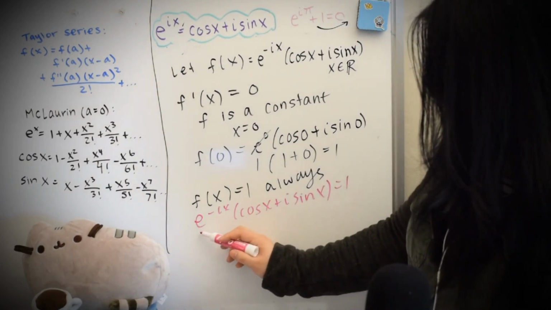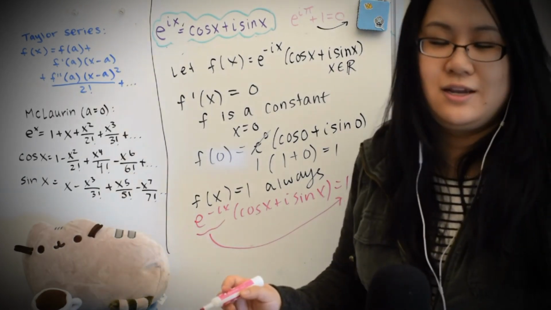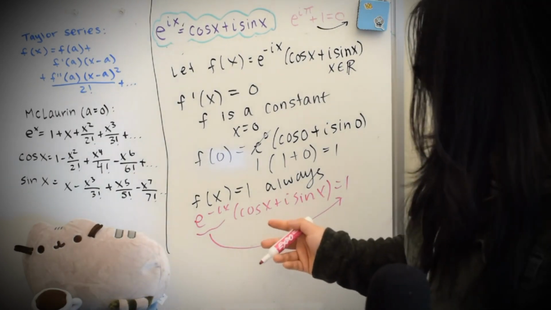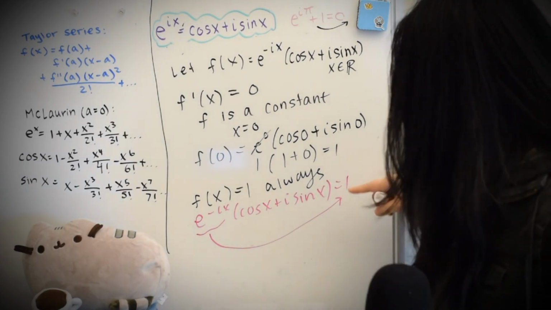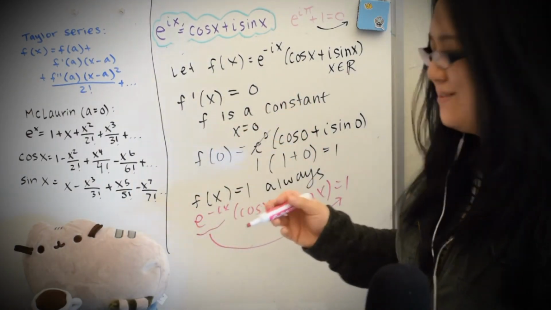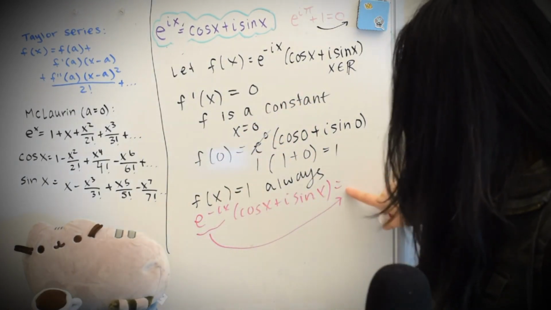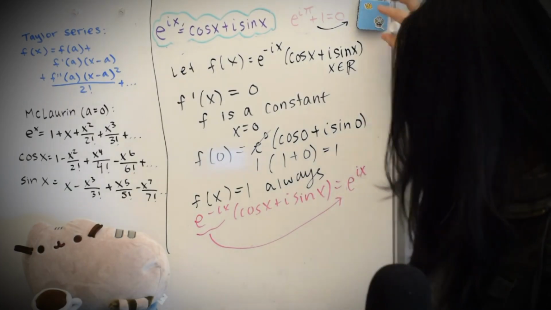Algebraically, if I move this first part over here, I get 1 over e to the negative ix, which is e to the positive ix. And we don't have to worry about dividing by 0 because e to the anything is never 0. So we get e to the ix.